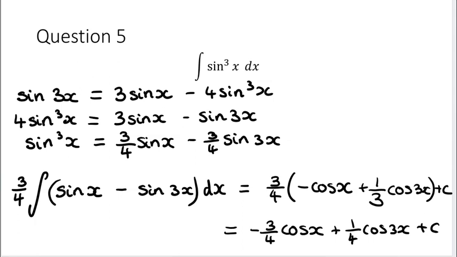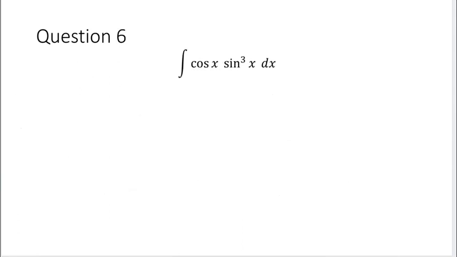Okay, on to our last example. And you would think that integrating sine cubed would be easier than integrating cos x times sine cubed. Okay? But actually this is pretty straightforward. We can just do this pretty quickly.